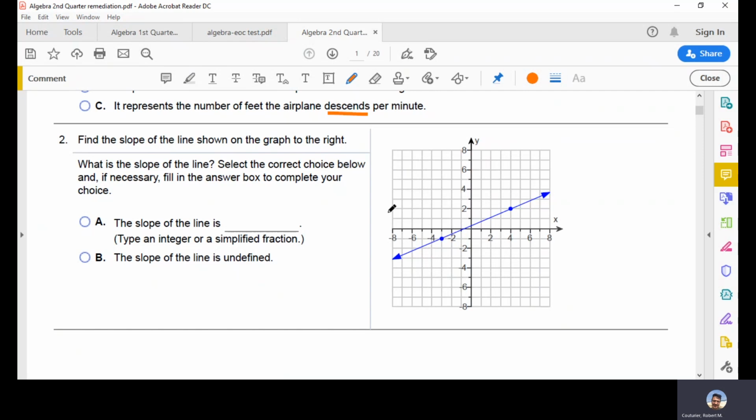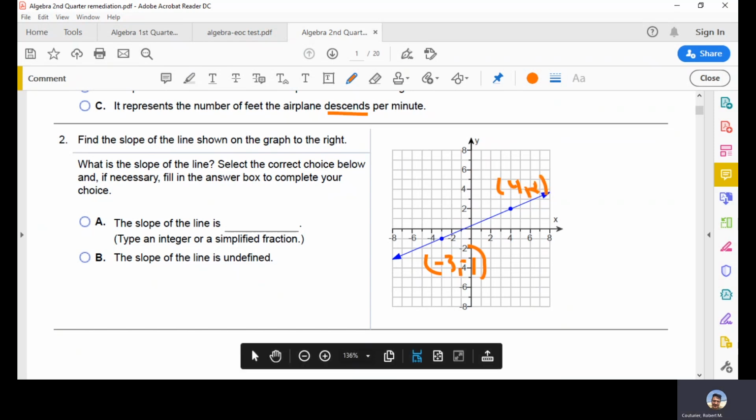If we wanted to use our formula, y2 minus y1 divided by x2 minus x1, you can find the ordered pairs. It goes to the left 1, 2, 3, and down 1, so negative 3, negative 1. And this one would be 4, 2. There are your points, and you could apply the slope formula.